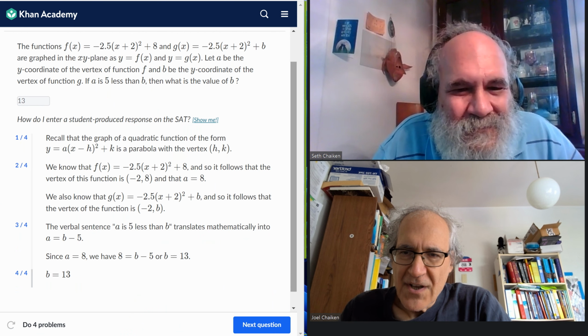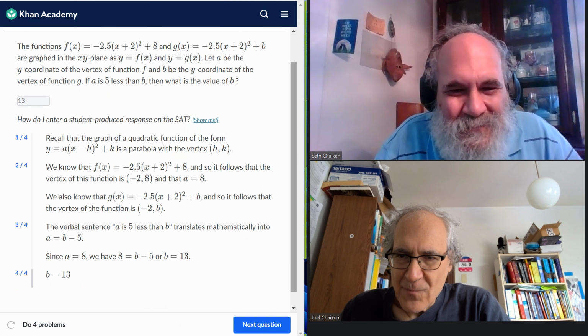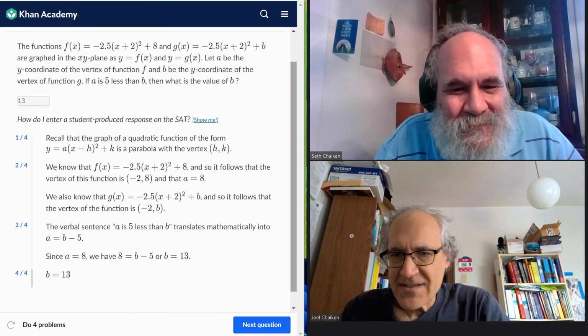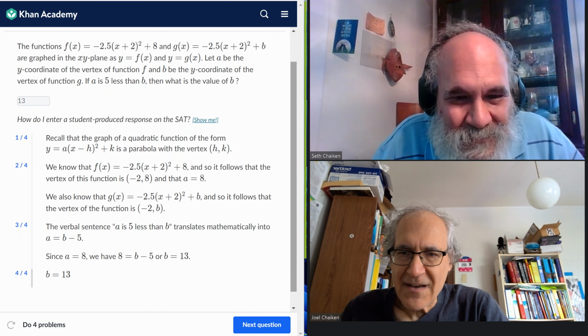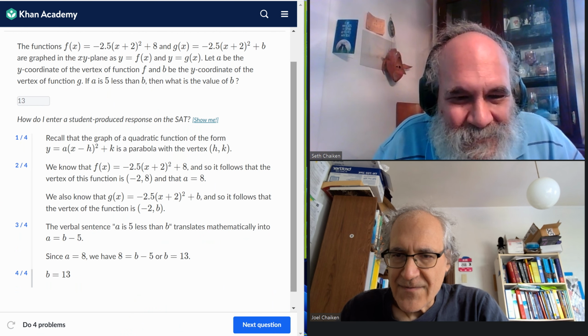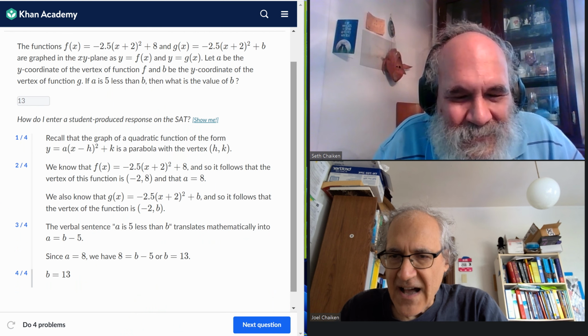We know that y is that, so it follows that the vertex is negative 2, a. We don't really care about the negative 2. We also know that the vertex is negative 2, b, so negative 2 is irrelevant.